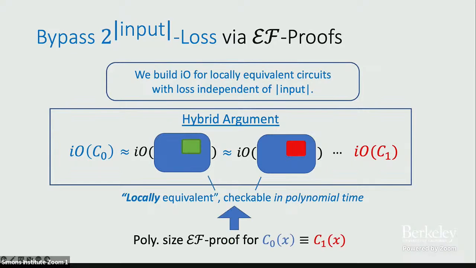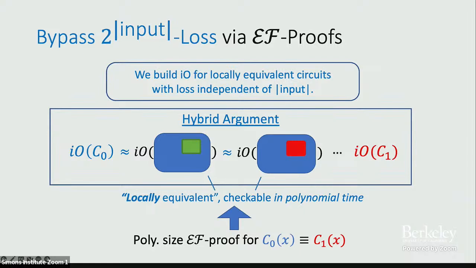So how do we build this series of hybrids? In this work, we show that if you have a polynomial size extended Frege proof of functionality equivalence between C0 and C1, then you can translate this proof to a series of intermediate circuits where each two adjacent circuits are locally equivalent.